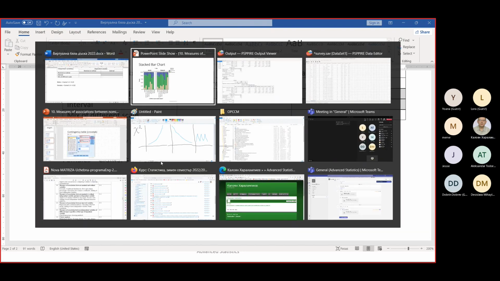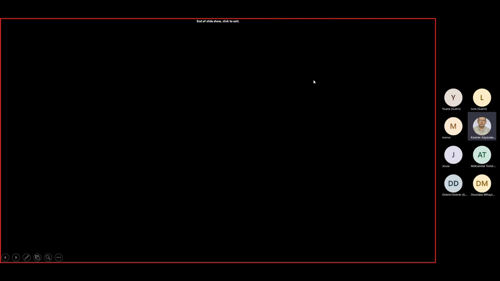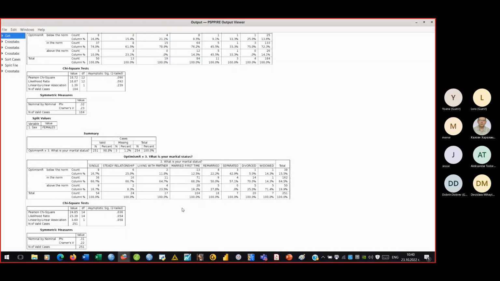So this was the first combination. Of course, you can add more than one additional variable.